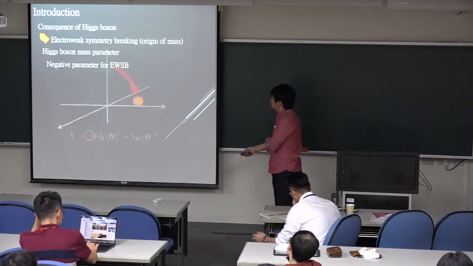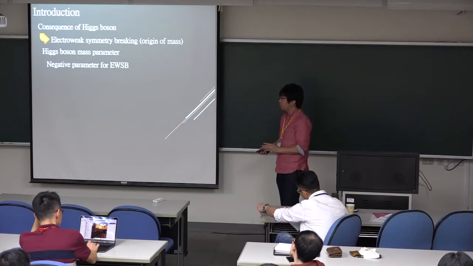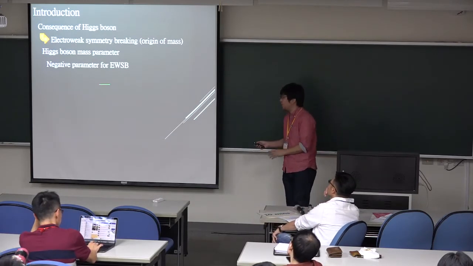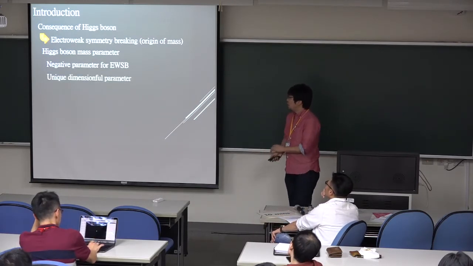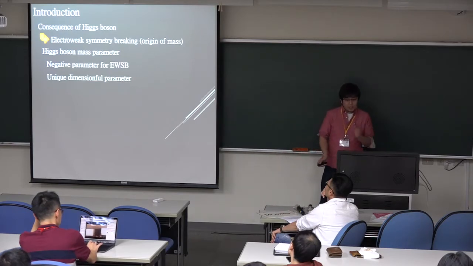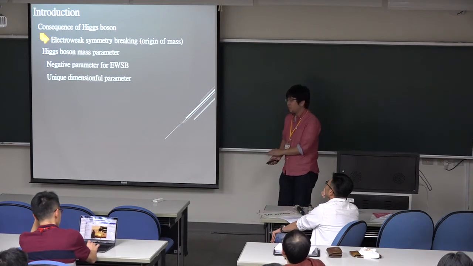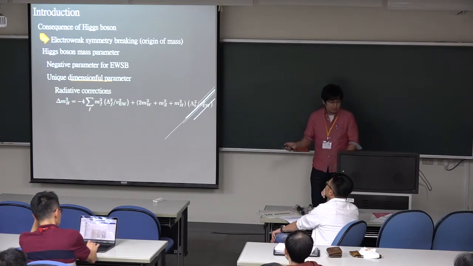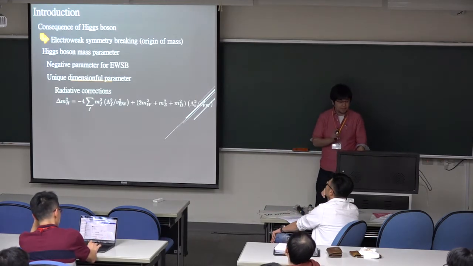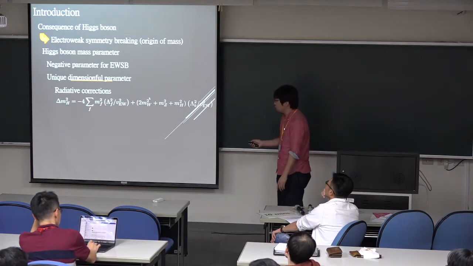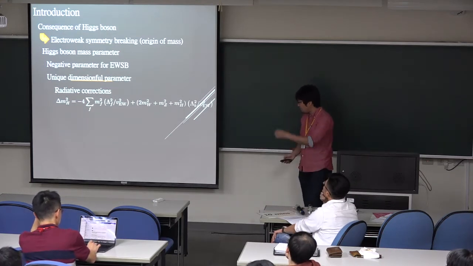To realize the electroweak symmetry breaking, the important point is to have the negative mass parameter. But that mass parameter in the Standard Model is just a unique dimensionful parameter. Namely, that mass parameter must have some correction, radiative correction like this.